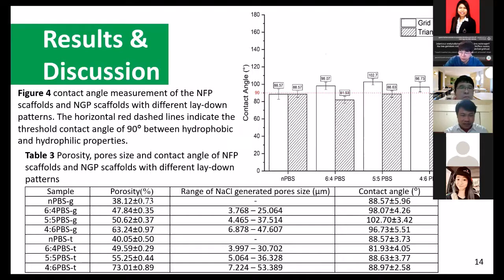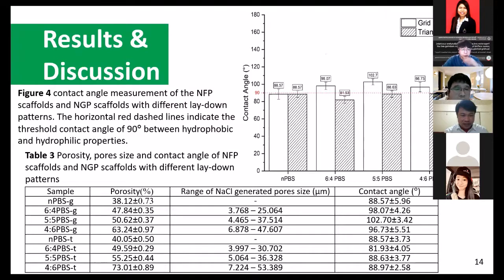I think the amount of porosity on the surface of the fiber affects the contact angle more than the porosity in the inner fiber. When we increase the salt content, that refers to increasing the porosity, right?